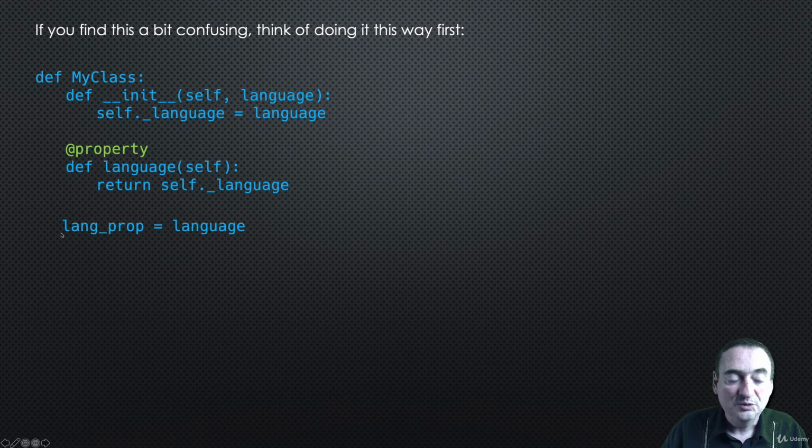Next, I'm going to create a temporary variable, essentially, still in my class. So this is a class attribute. I'm going to create a temporary variable in my class called langProp, and I'm going to set it equal to language. So basically now langProp is a pointer to this language property, this instance of a property type.